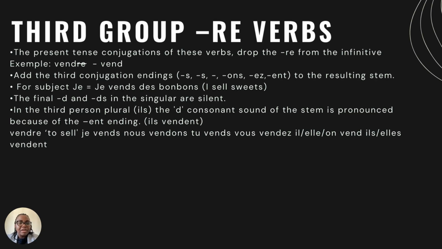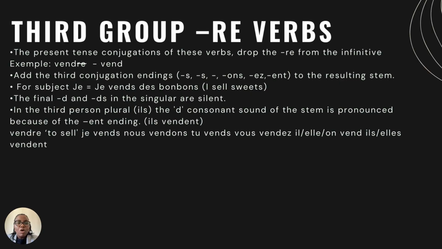For example, if I want to say I sell sweets, it will be je vends des bonbons. I've just taken the verb vendre, removed the RE, and replaced it with an S, because that's the ending for je. You also need to take note that the final D and the DS in the singular are silent.